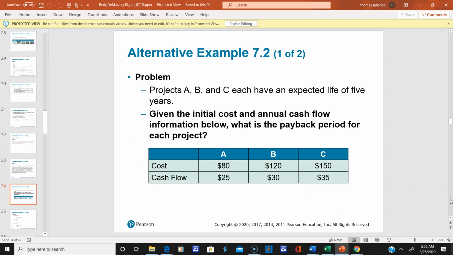And here's another alternative example, projects A, B, and C. Here's the cost, and here's the cash flows, and you have to determine the payback period for each.